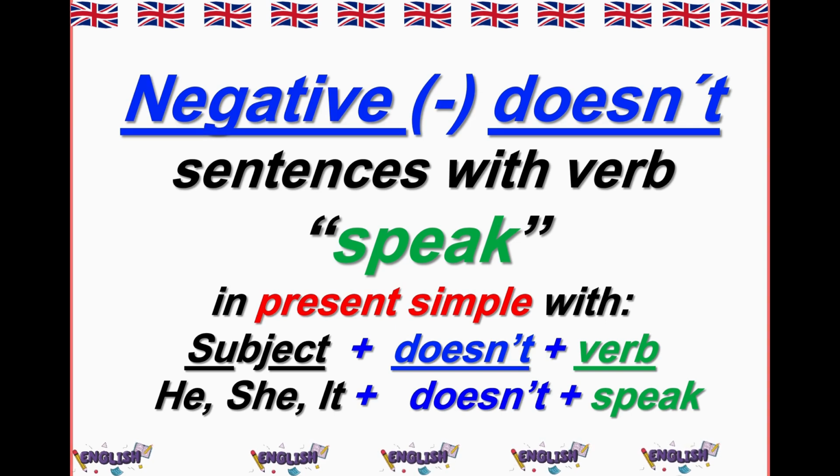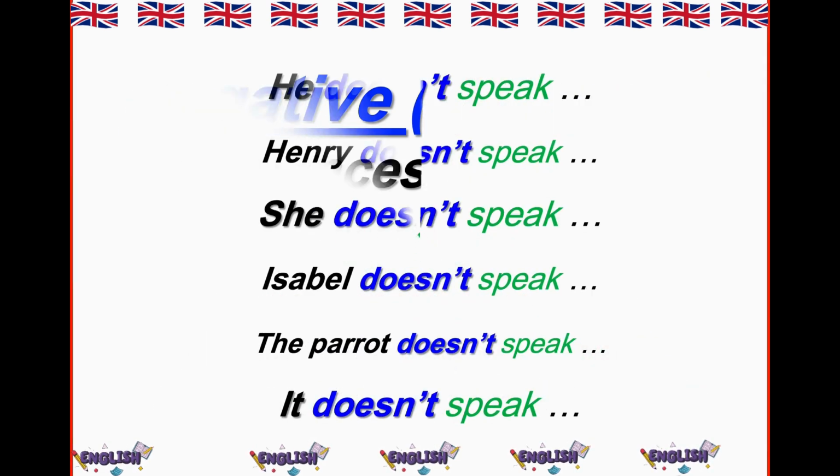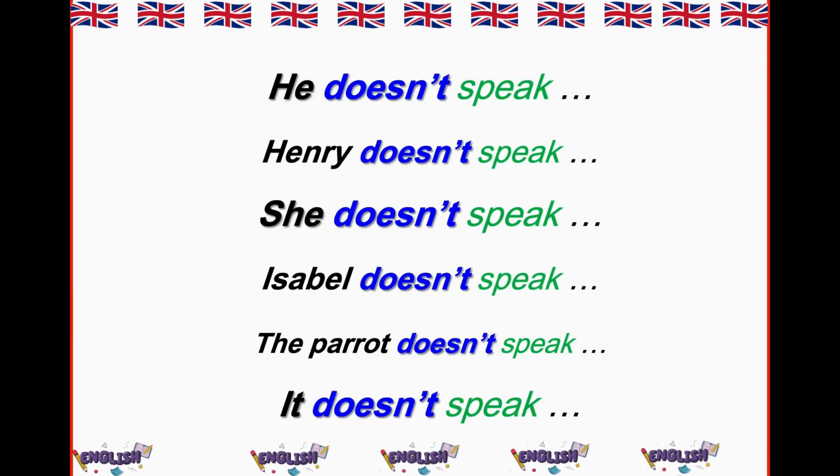Because the student, they say, oh, the verb with he, she, it takes S. Why it doesn't take S here? Because there is the word doesn't. So when we have the word doesn't, the negative form, the verb remain in the infinitive form without any S. Let's see some examples. He doesn't speak.